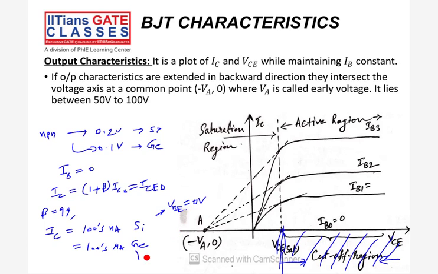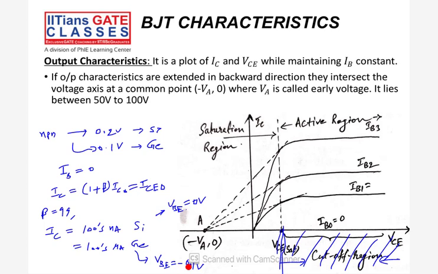But for germanium, we need VBE to be some negative value, around minus 0.1 volt. That much negative voltage is required to make IC 0 because we have some reverse saturation current in germanium. So for cutoff, we need some VBE voltage to make it cut off. That is a very negligible voltage we can use.